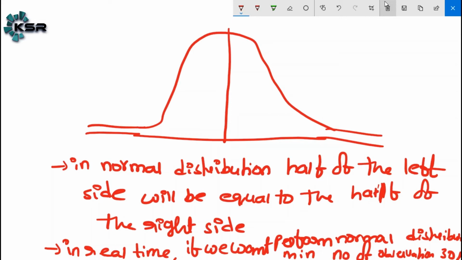In real time, if you want to perform the normal distribution, the minimum number of observations should be 30.